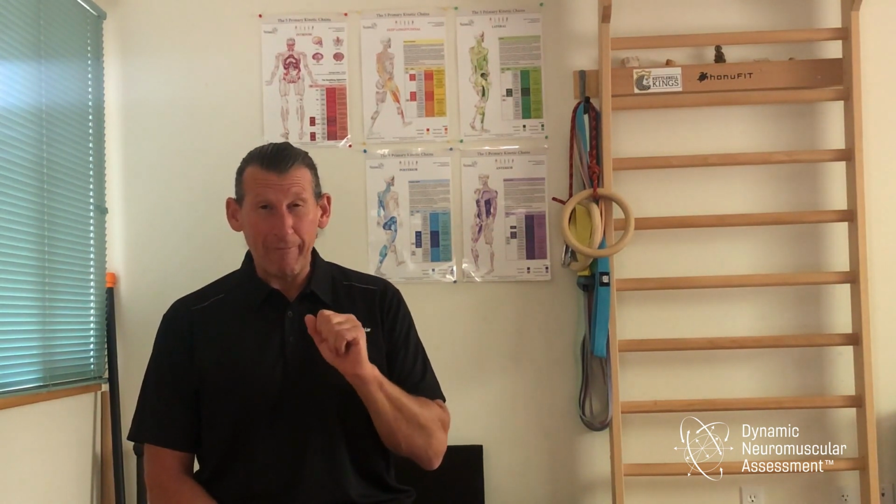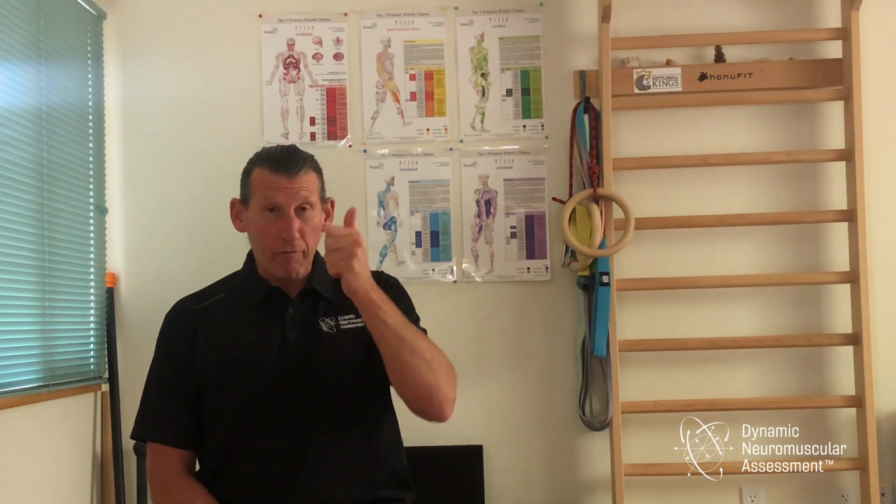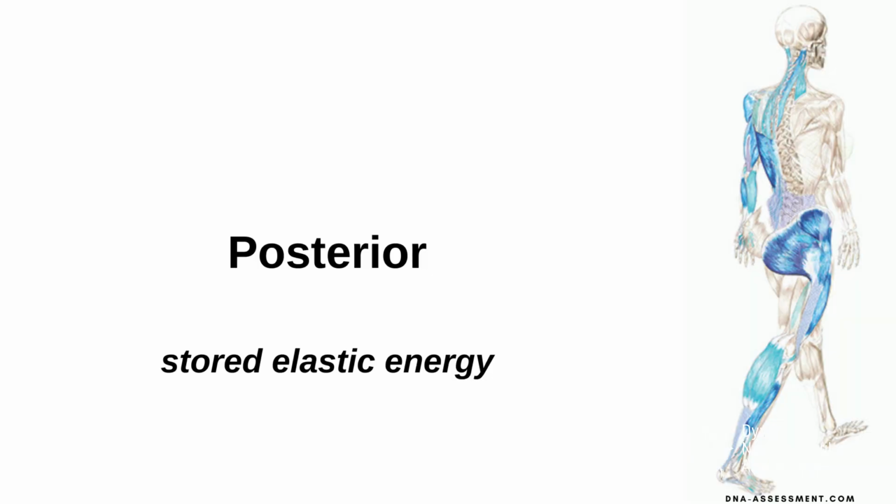The dynamic platform provides the base so that our 4th chain, the posterior spiral, that's where the elastic energy is being coiled into our structure, into our fascia, into the fascial springs.